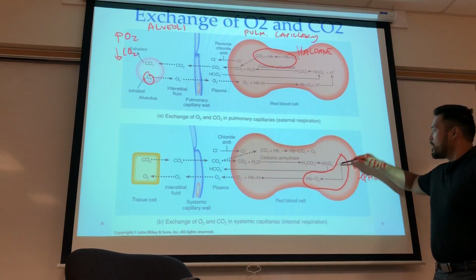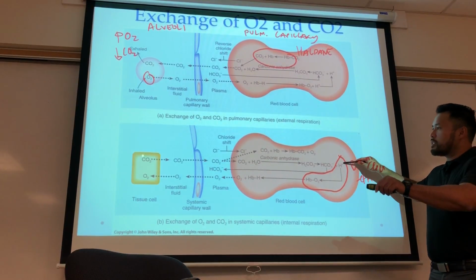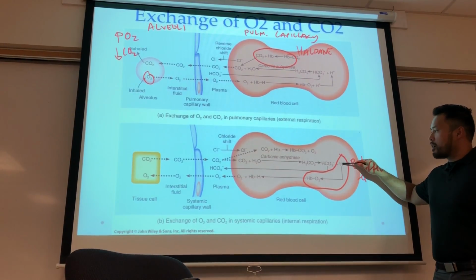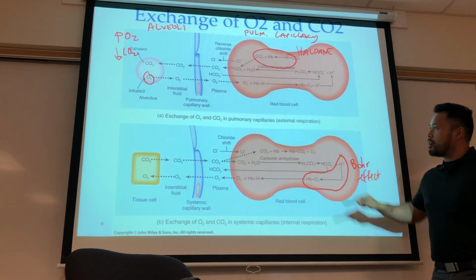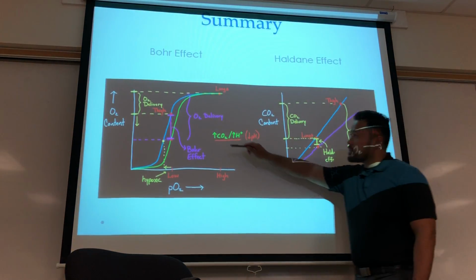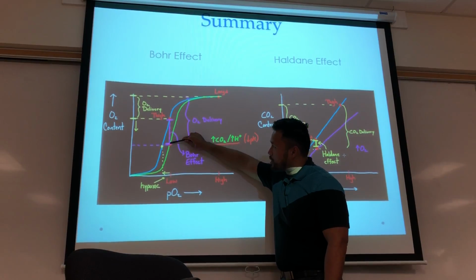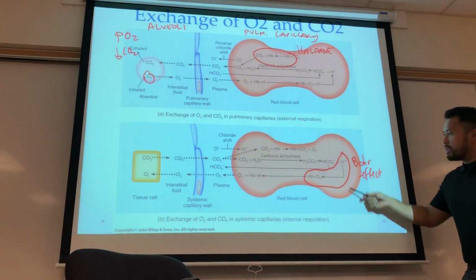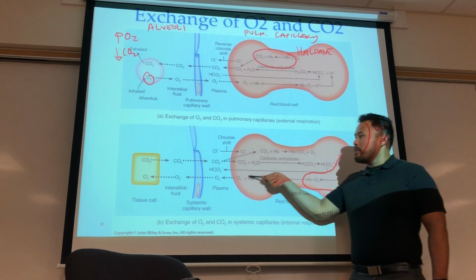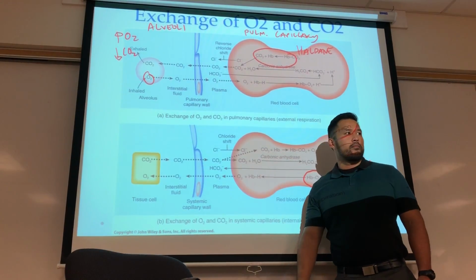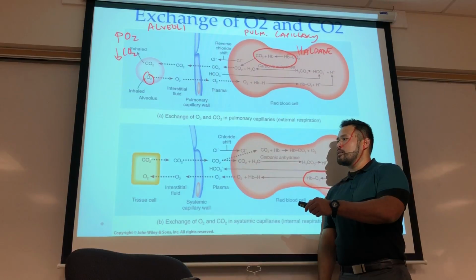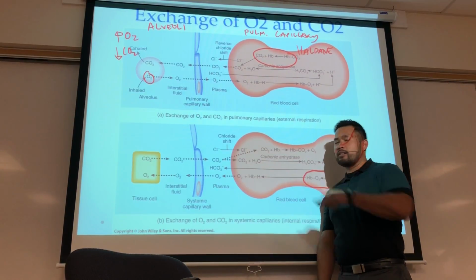So in the presence of hydrogen ions, in the presence of CO2, in the presence of temperature, that will unload excess O2, which is the Bohr effect. We go from here down to this effect with a shift to the right. That released O2 then diffuses off into the tissue. Even simpler: in the presence of CO2, hemoglobin releases O2.